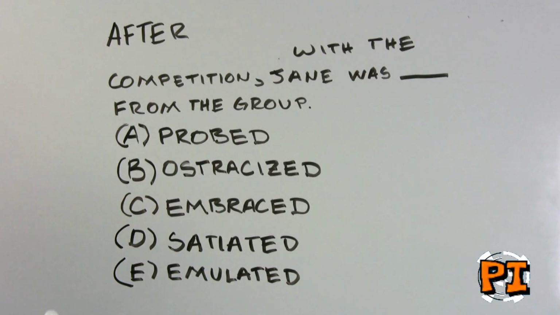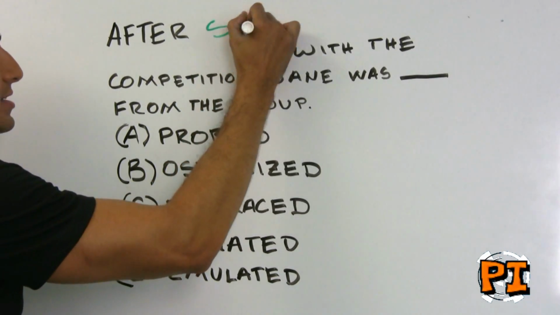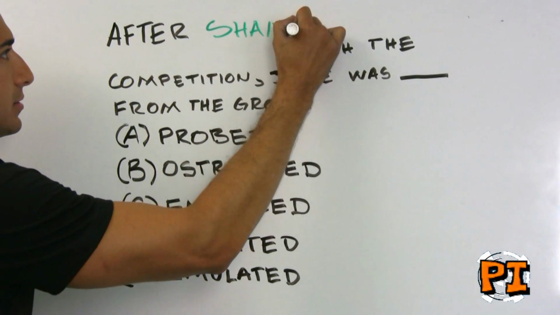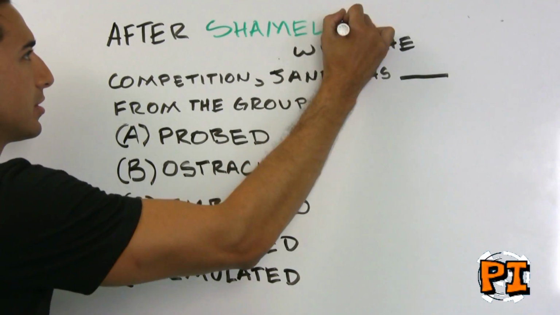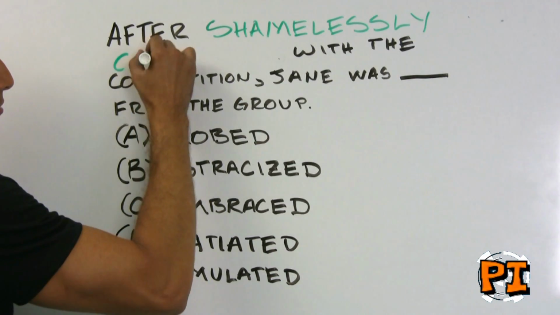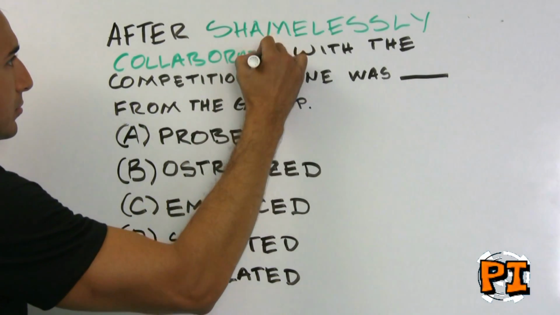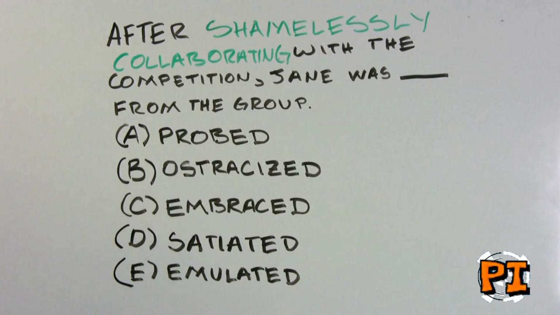Now, let's say that the sentence read this way. After shamelessly collaborating with the competition, Jane was blank from the group.